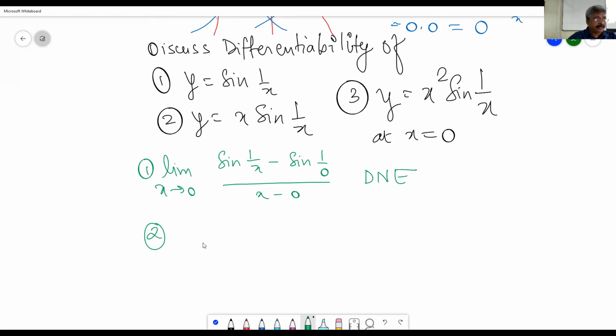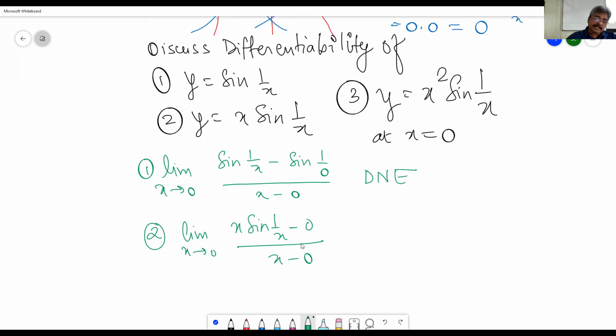We need to have limit, we need to have continuity, then there is a chance of differentiability. Okay, function 2, limit x tends to 0, x sine 1 upon x minus 0 upon x minus 0.